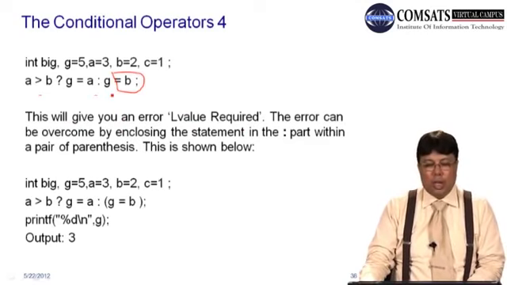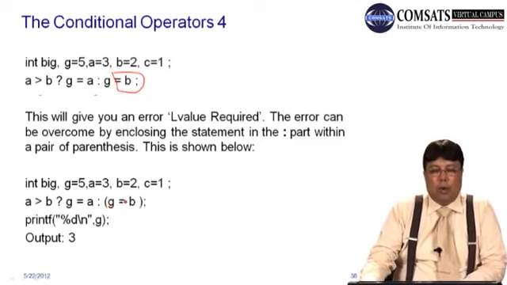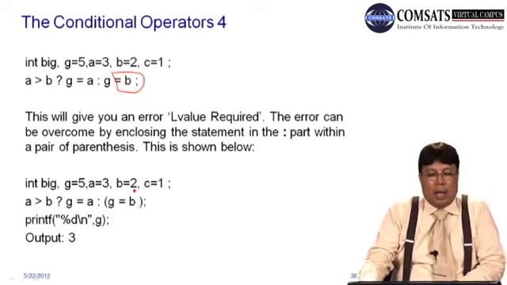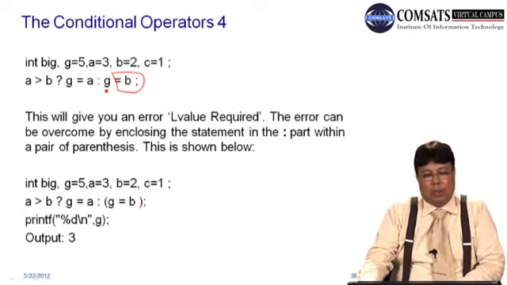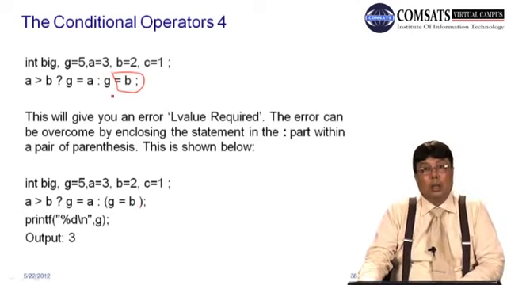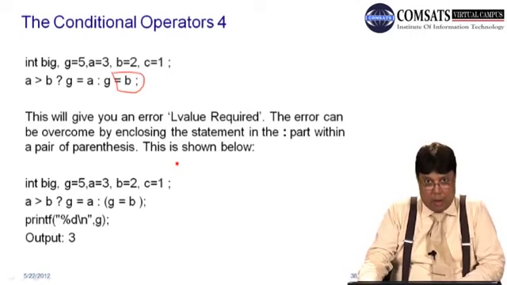So if you want that this G is equal to B should be executed, then you put this parenthesis here. It will force that the value of B is assigned to G, and then depending upon the result it will be executed.